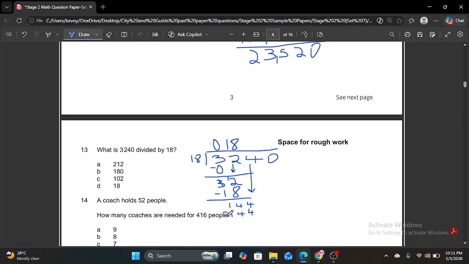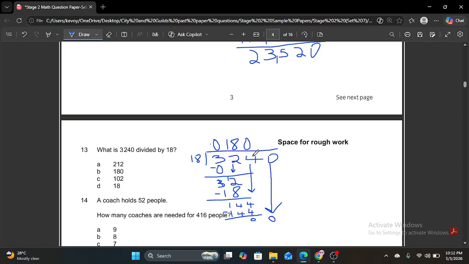So that you subtract, you have 0, and you bring down the 0, that's just another 0.